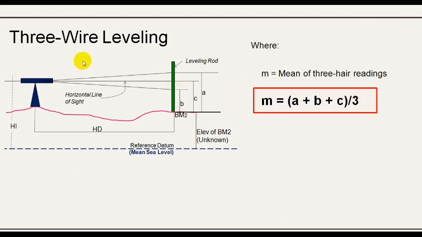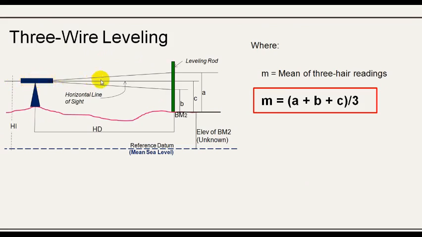Then, to compute in three-wire leveling, we set up on the terrain, this instrument tripod, this triangle, assuming this is the automatic level.